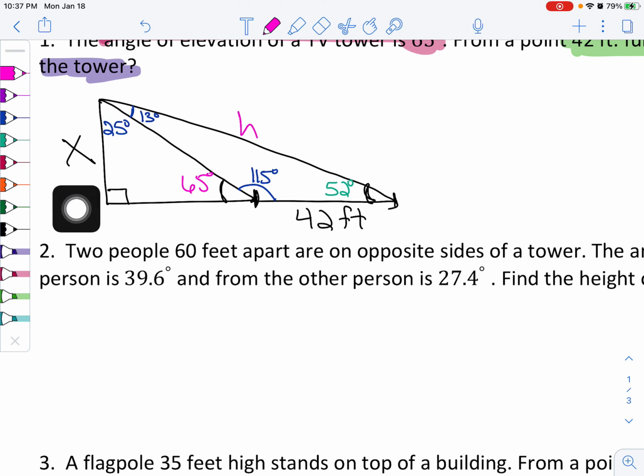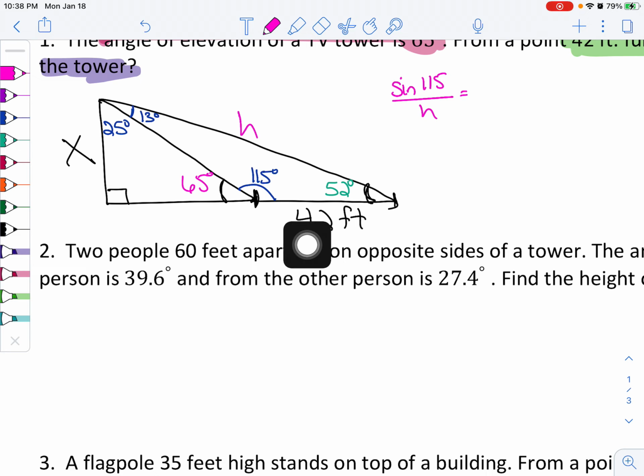Once I know this hypotenuse, I can use the big right triangle and right triangle trig to find x. So that's how this is going to work. So let's find h. We've got sine of 115 over h equals.